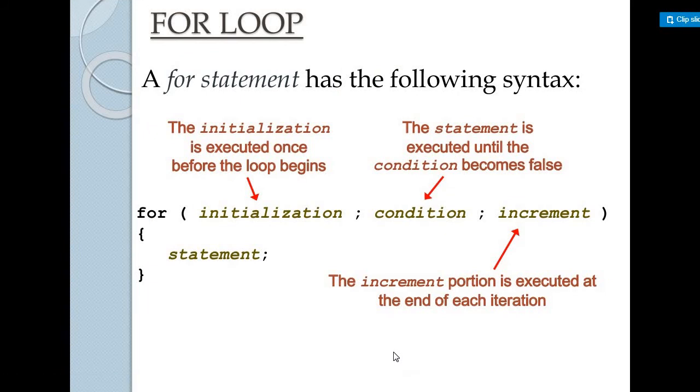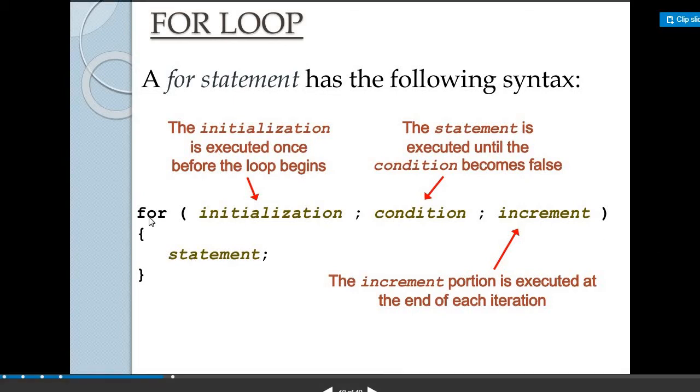Now come to the for loop. A for statement has the following syntax. In the for loop we have three parts. It is for, a keyword, and we give here initialization, semicolon, condition, and updation, that is increment or decrement. Initialization is executed once before the loop begins.